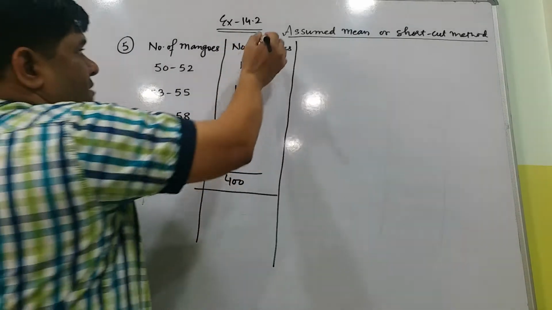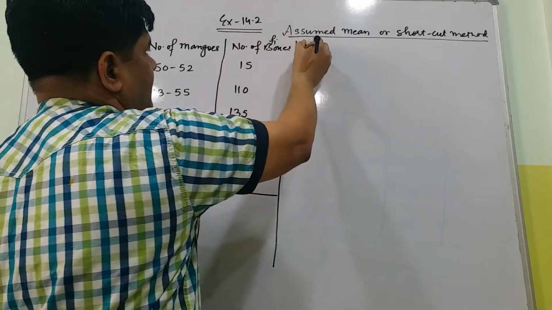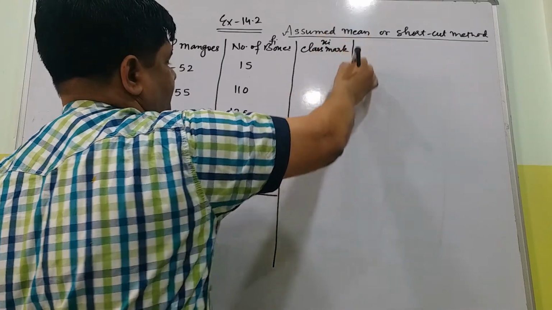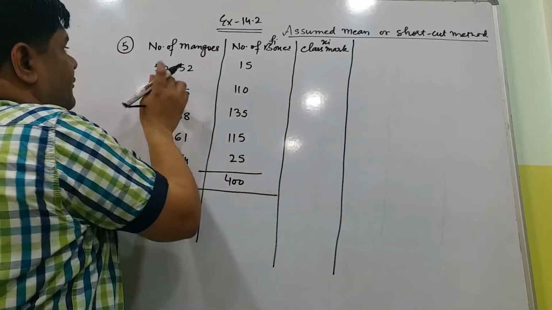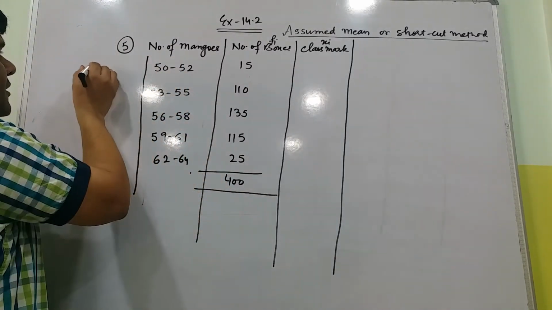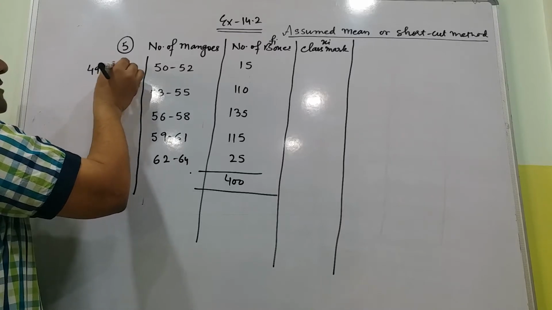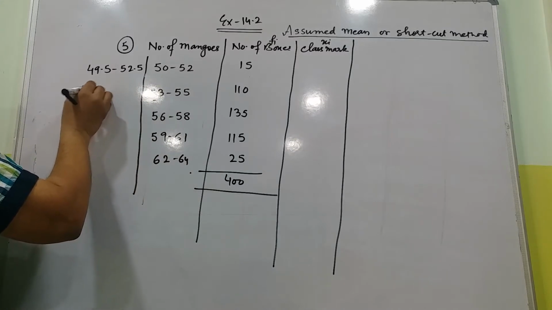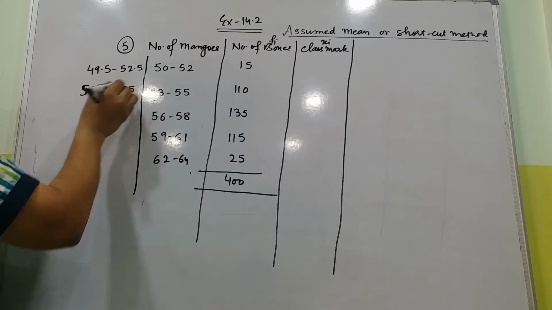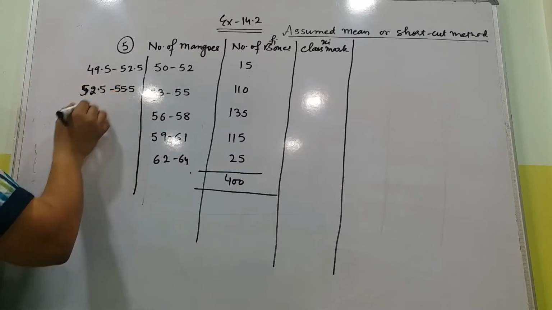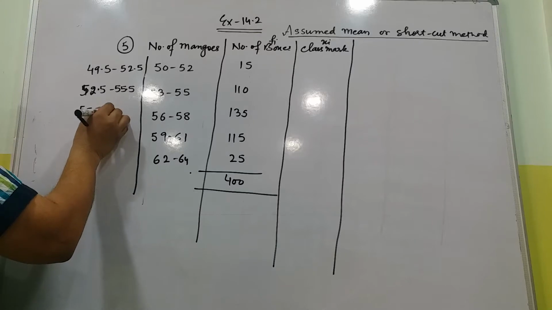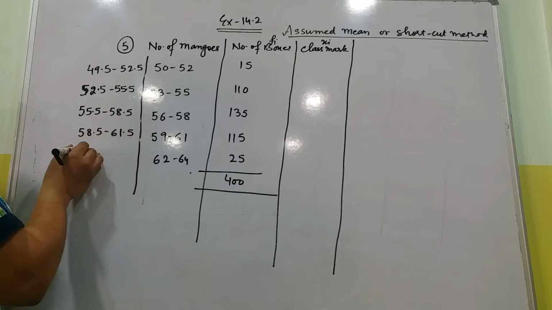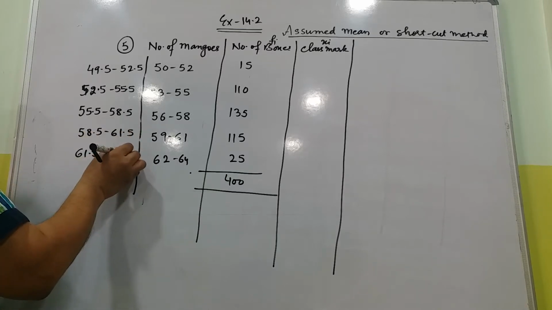These are, as usual, you will label it as Fi, class mark, Xi. First you have to make this class interval continuous. Subtract 0.5 from the lower limit, add 0.5 to the upper limit. 55.5 to 58.5, 58.5 to 61.5, 61.5 to 64.5.